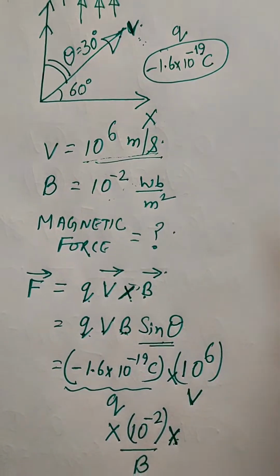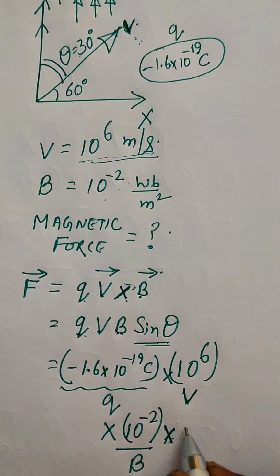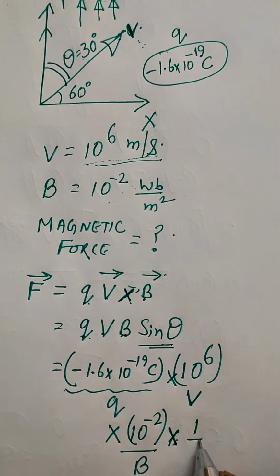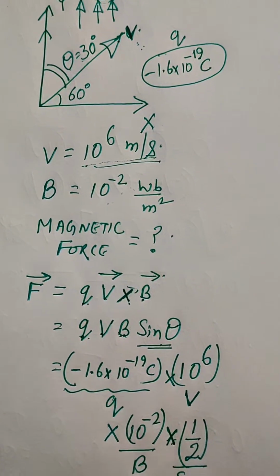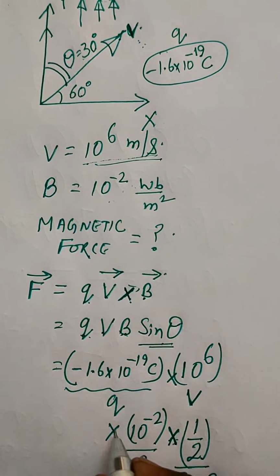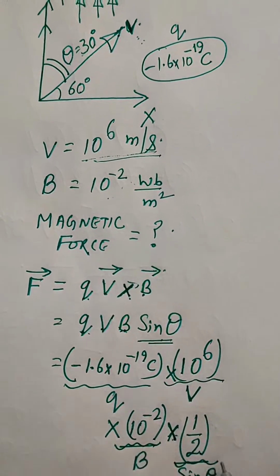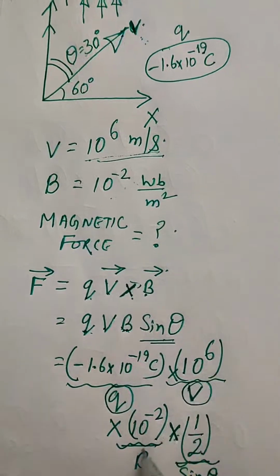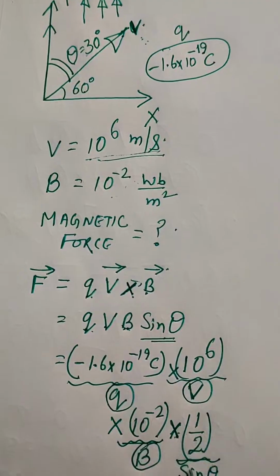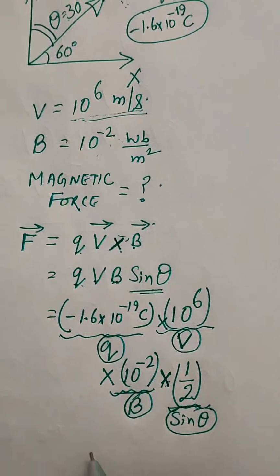What is the value of sine theta when theta is 30 degree? It's sine 30, which is 1 by 2. I just mentioned it here so that you can understand this is the value of Q, this is the value of V, this is the value of B, this is the value of sine theta. So multiply all these together.